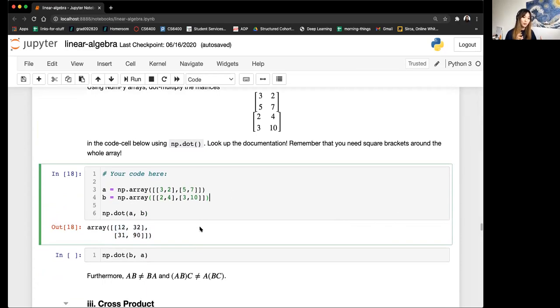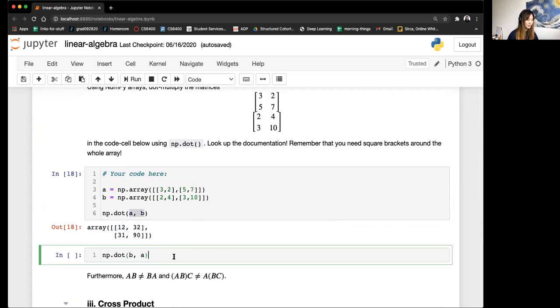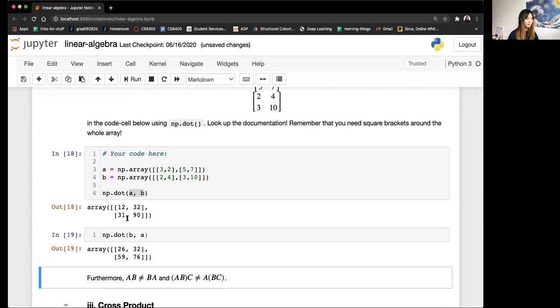And just to show that the order does matter, this is the dot product of A and B. If we do it B and then A, we get a different number. So just important to note that the order of which you're multiplying your matrices matters. If you get more mathy, you might hear left multiply versus right multiply when you're talking about matrix multiplication. So just good to be aware of.